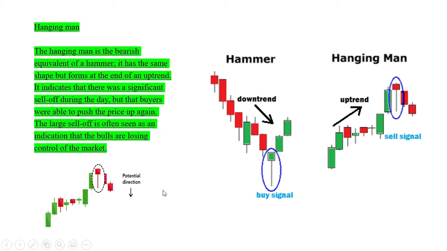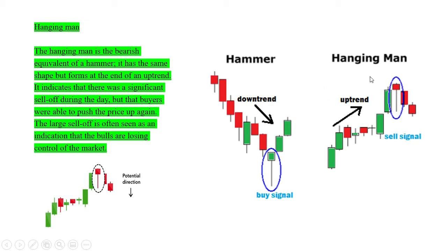So let's look at an example. As we can see, it looks like we have a head here and we have the hanging man. Of course, this does look like the hammer, but if this forms at the top of an uptrend, I'm getting confused looking at both of them.